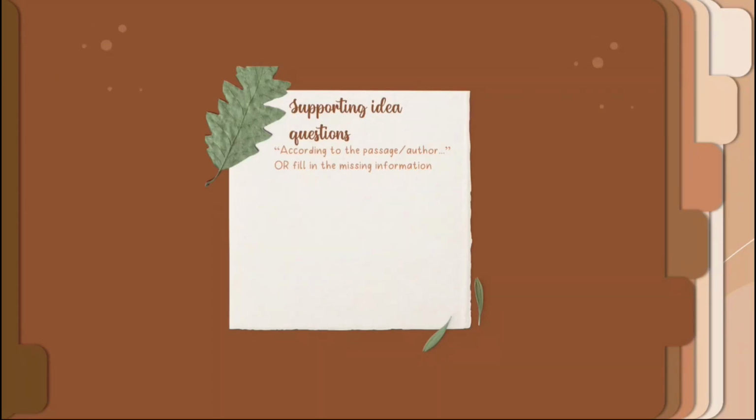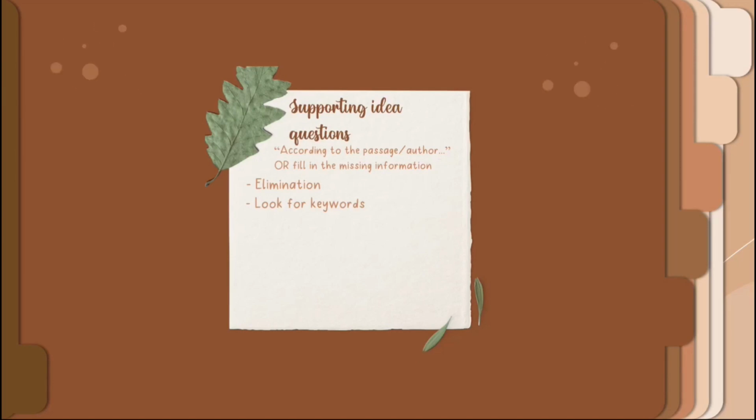So my tips for answering these types of questions would be to go through the choices one by one and eliminate the ones that were not present in the passage. Second tip would be to look for keywords. Find and underline the keywords in the choices and skim the passage to find a match.